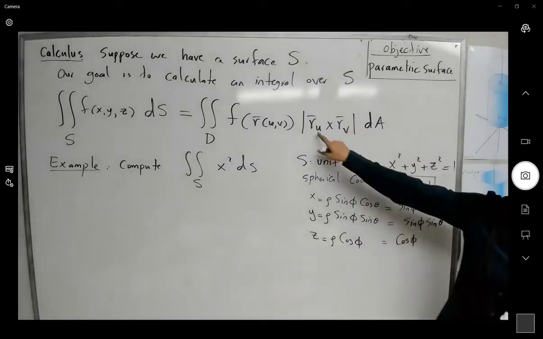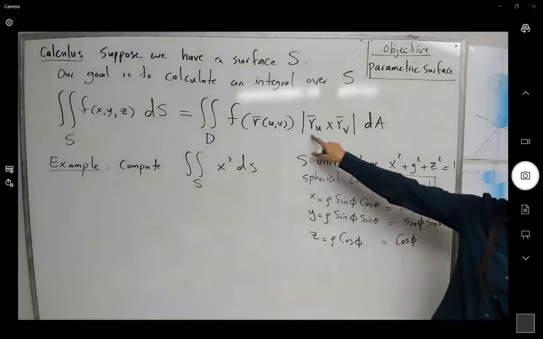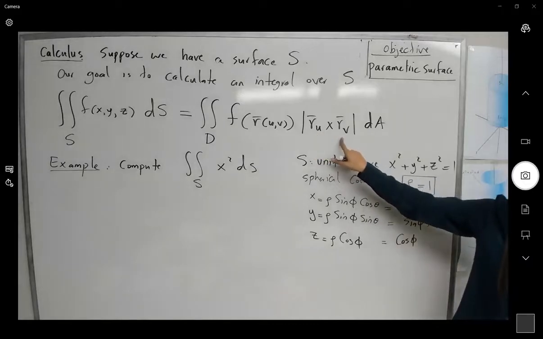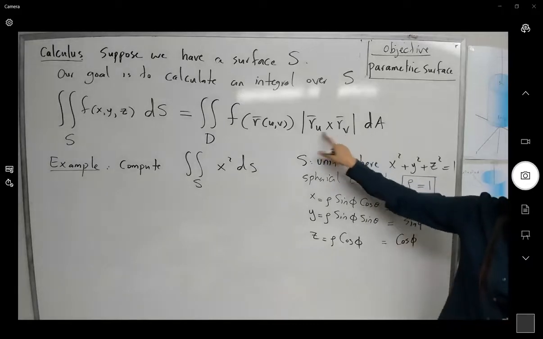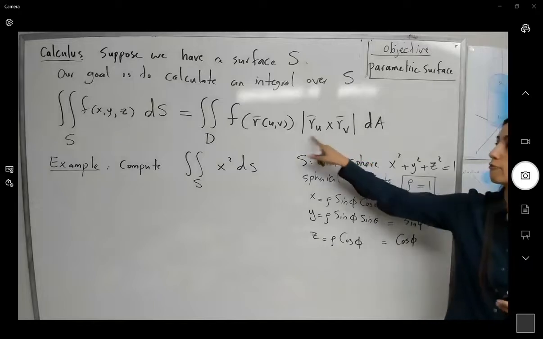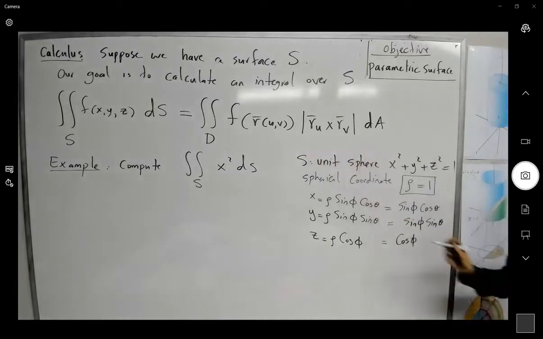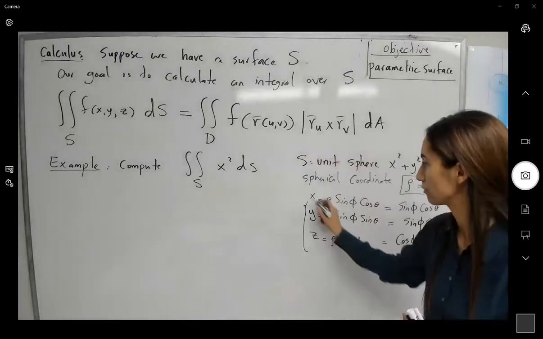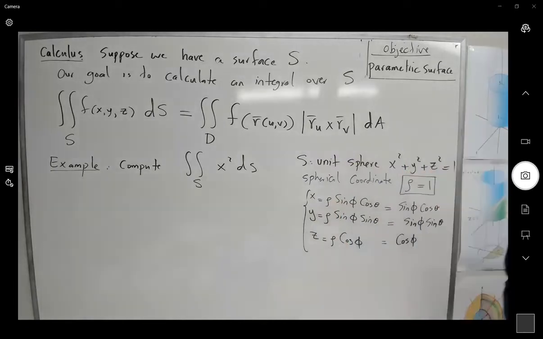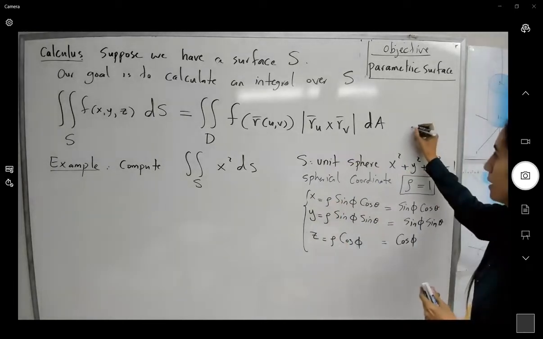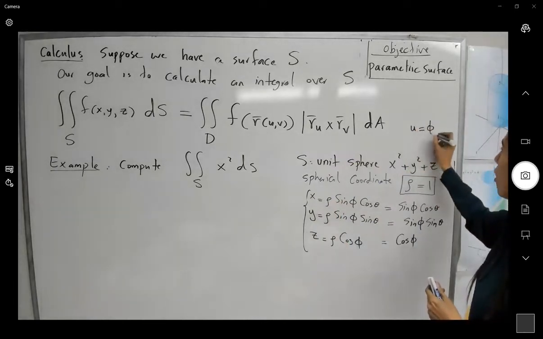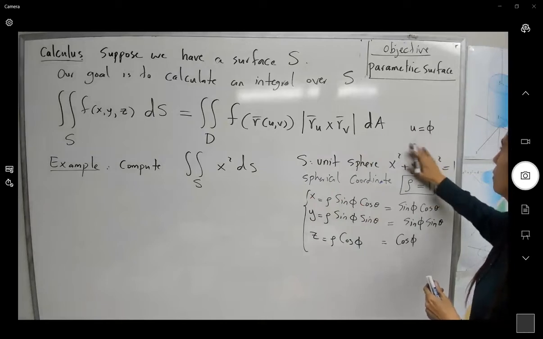What do we need? We need to take the partial derivative with respect to u, with respect to v, find the cross product, and then find the magnitude. This is what we have. So in this case, you can say that, hey, my u is phi, my v is theta, or vice versa.